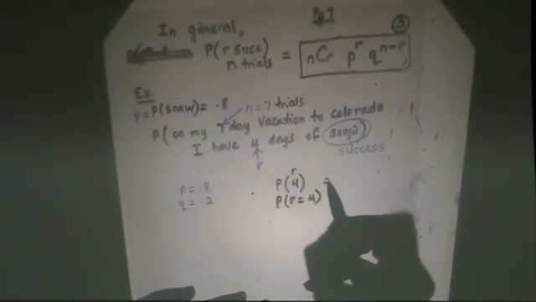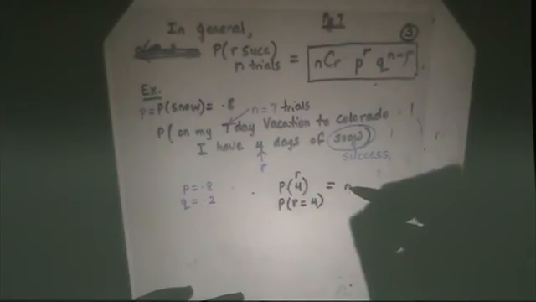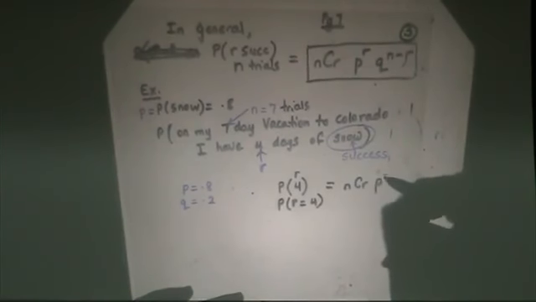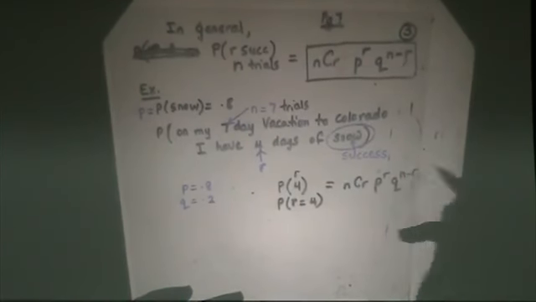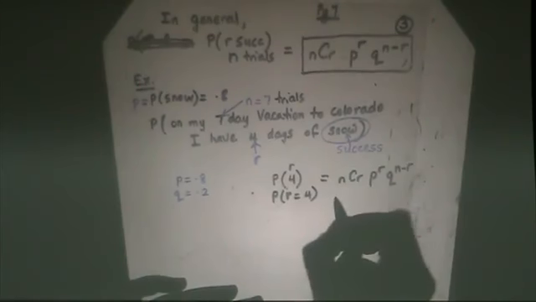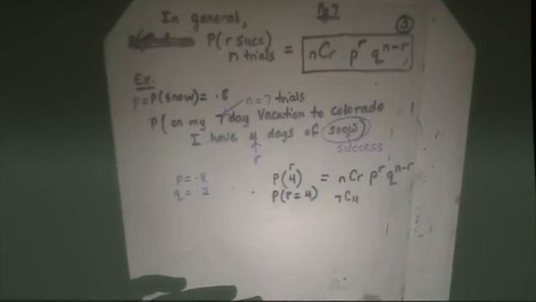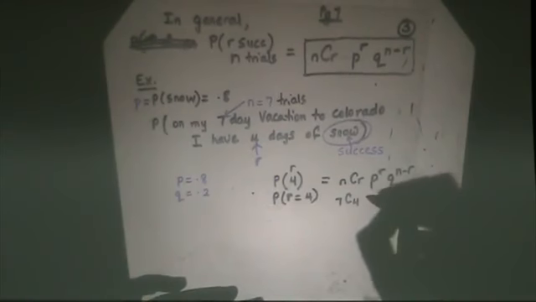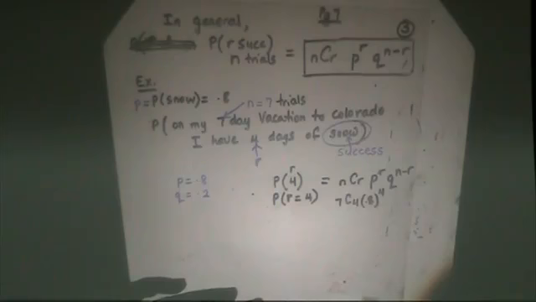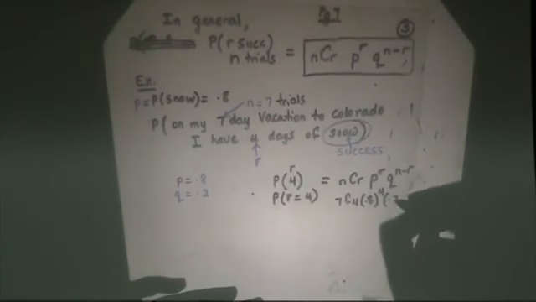So I'm ready to plug into my formula. My formula is N choose R, P to the R, Q to the N minus R. So 7 choose 4, 0.8 to the 4, 0.2 to the 3.